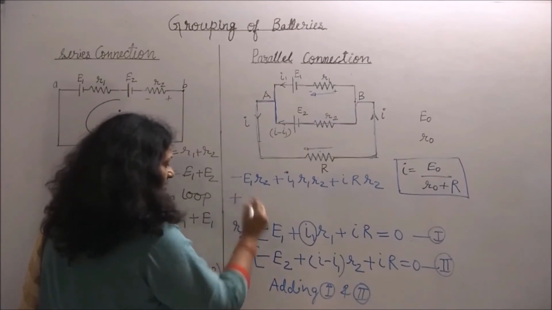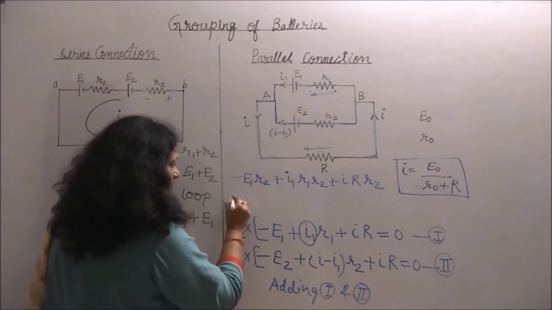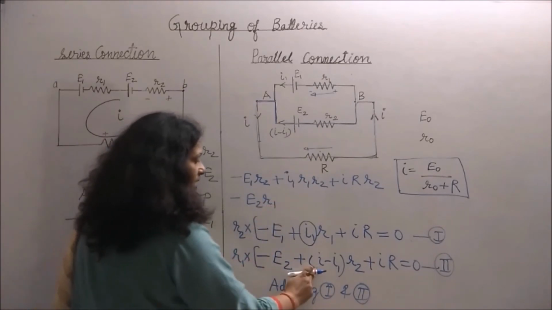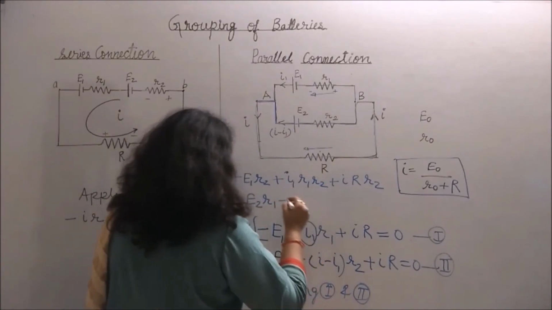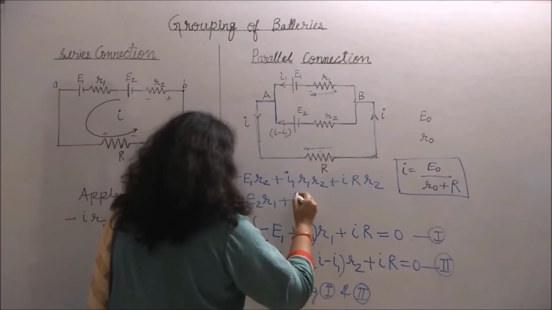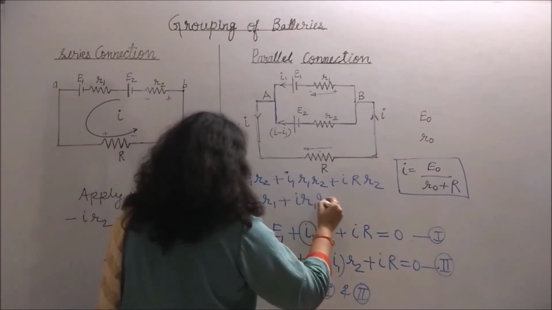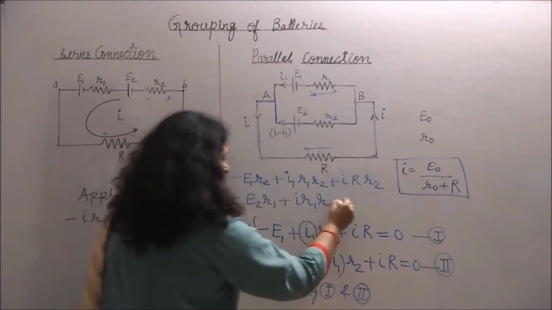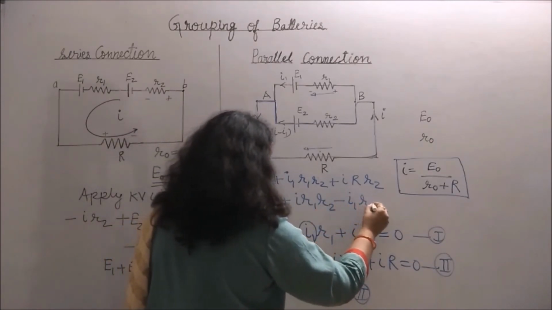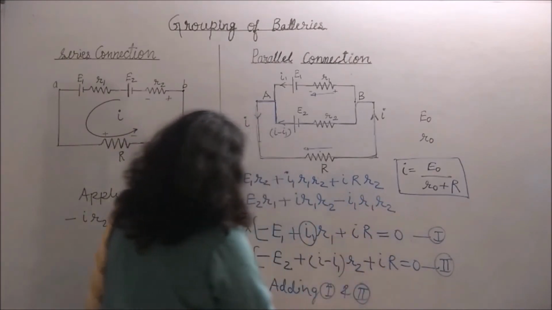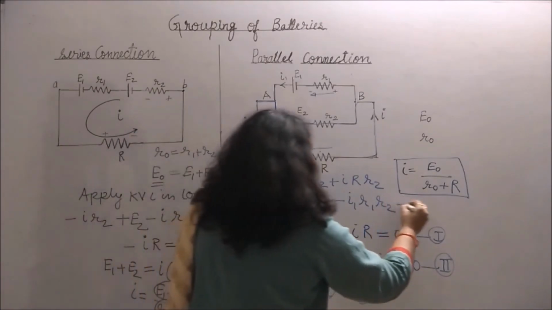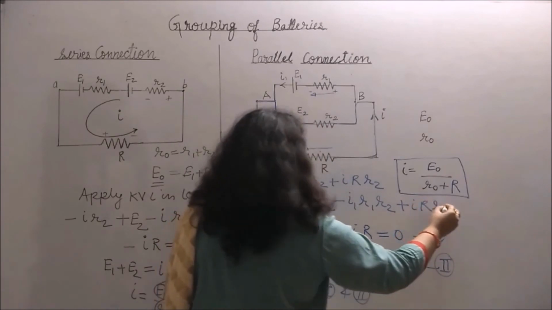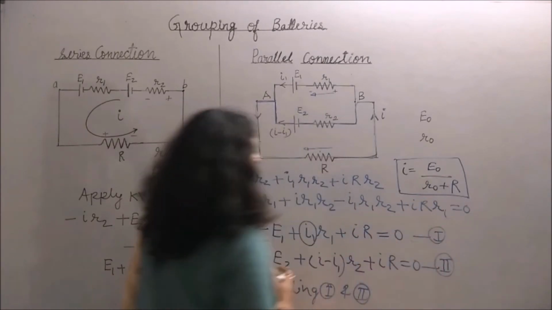Next, multiplying, there will come minus E2 R1, then plus I R1 R2, then minus I1 R1 R2, the last term plus I R R1 is equal to 0.